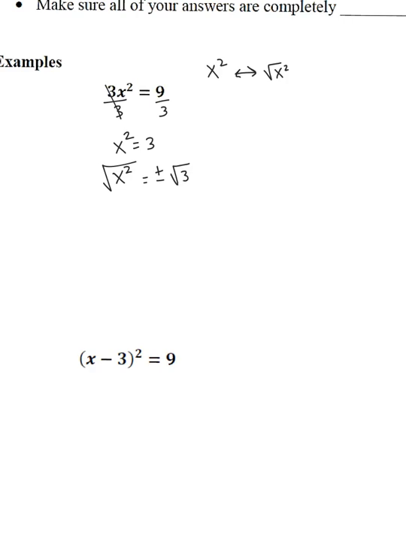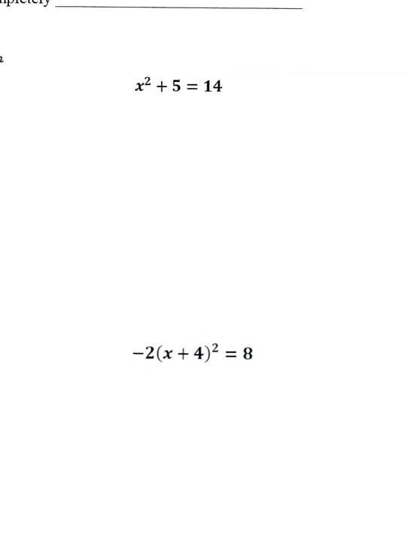What you do to one side, you have to do to the other. So now this square root symbol and this 2 are going to cancel each other out, and you're just left with x is equal to plus or minus the square root of 3. So that means that your x is either a positive root 3 or a negative root 3. And you don't have to give me a decimal for that. You can just leave it as the square root of 3.